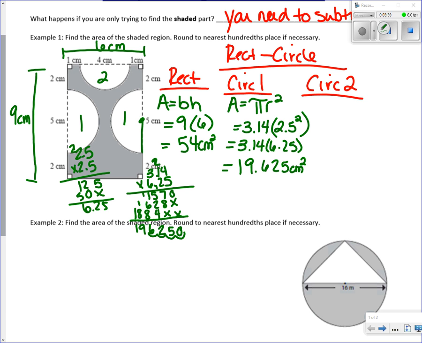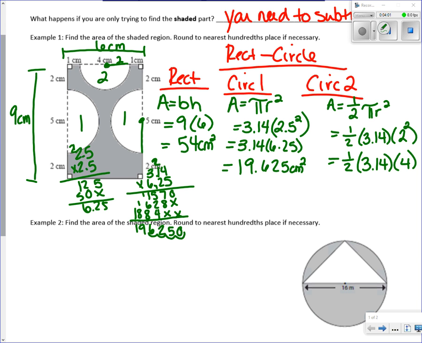So now for circle 2, I only have half of it. So this is where you bring in your 1/2 pi r squared. I know pi is still 3.14. My radius on this guy is going to be 2. So 2 squared. So 1/2 times 3.14 times 4.